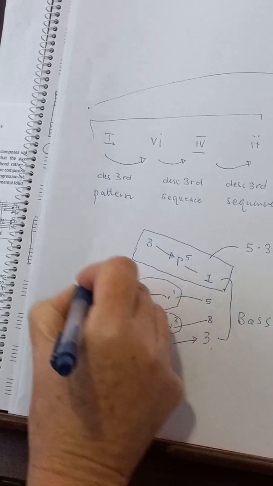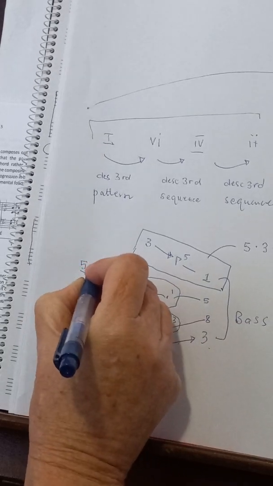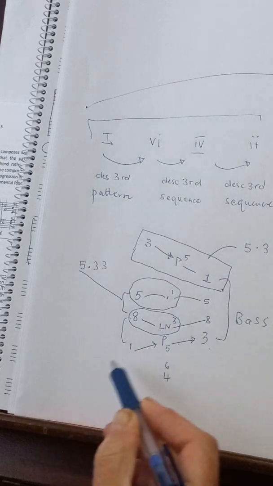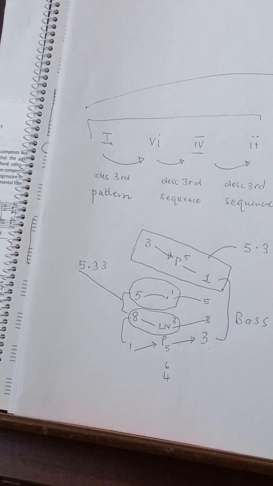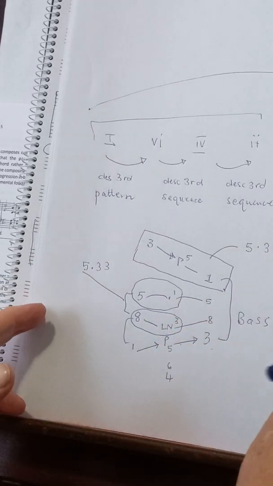Those two also go to 5.3.3. So the only one that doesn't is the bass line that moves up by step. So it's a kind of a mixture, what we're going to do now, between those things. And it starts off, I think the logic of it would be if you mixed those two.